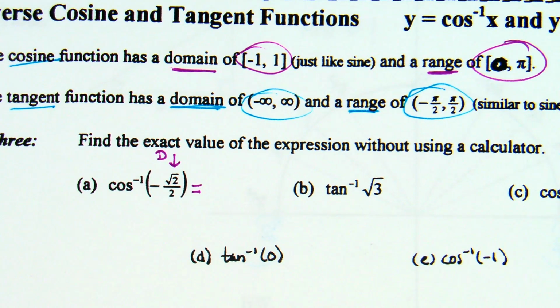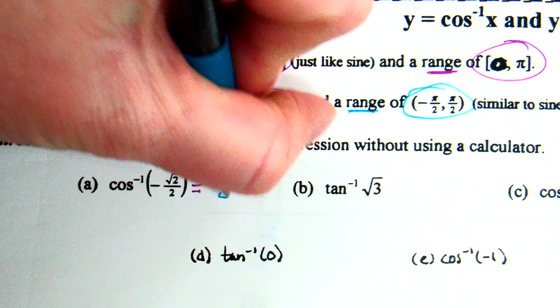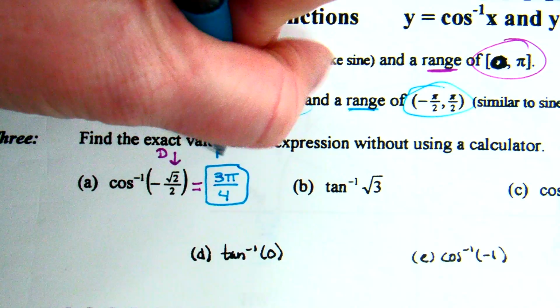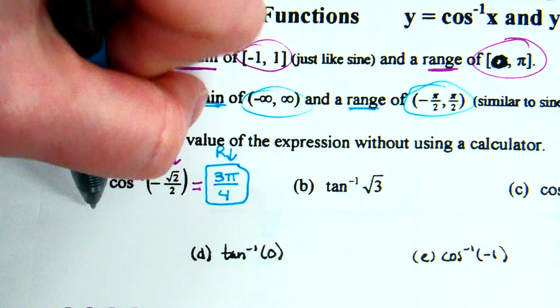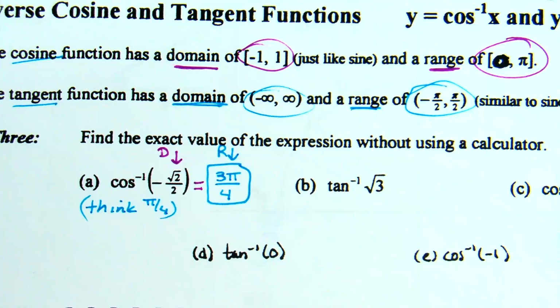No, because negative pi over 4 would be down here in quadrant 4. What is equivalent to pi over 4 in quadrant 2? 3 pi over 4. Yes? So this is 3 pi over 4. And again, that is an appropriate range value. And notice along the way, I had to think pi over 4 to get there, but then we had to go for quadrant 2.